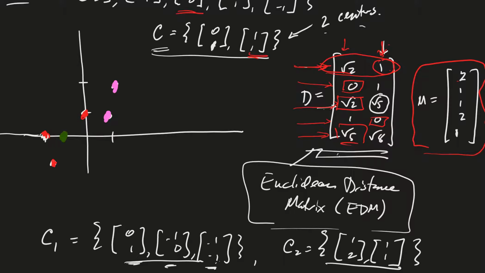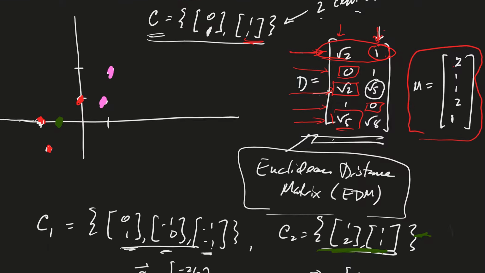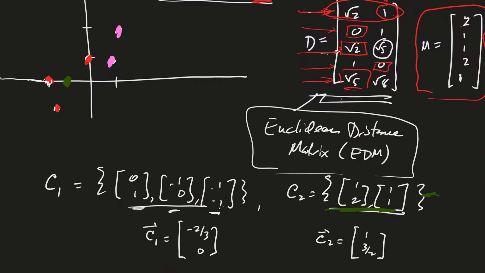For the other one, it's the average of these 2 points, which is (1, 3/2). So if we go to (1, 3/2), we get that cluster center. Good. And now what do we do?